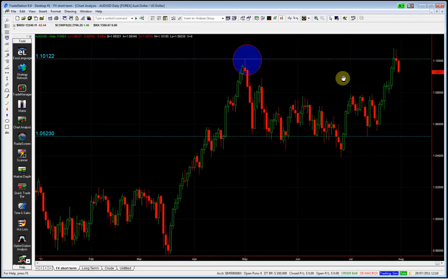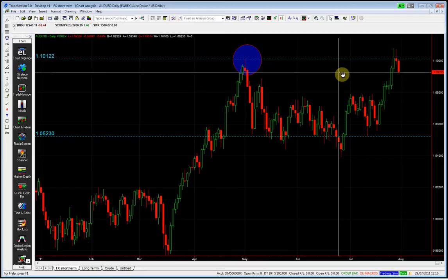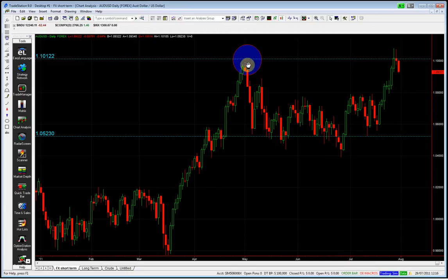Now, that renders it our structural long and our structural short. So below this level, our bias is to the short side. Above, it is back to the upside. So the same level, the 110.12, is our structural long and our structural short.